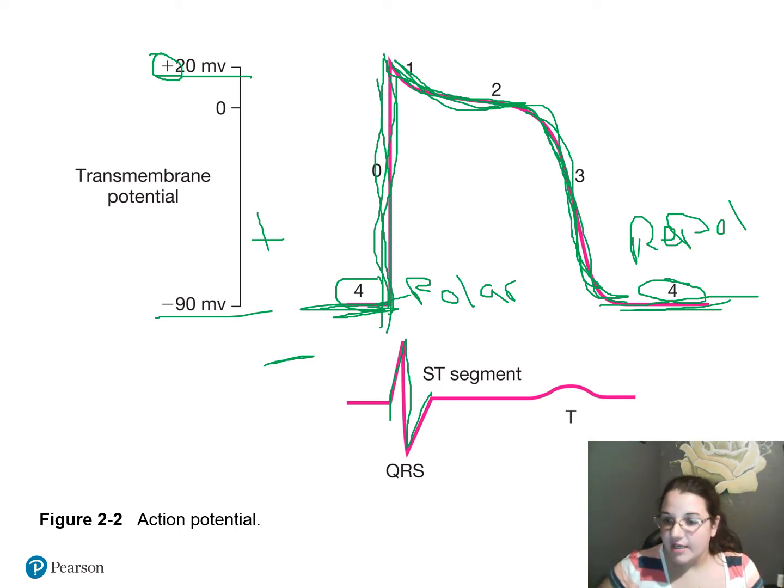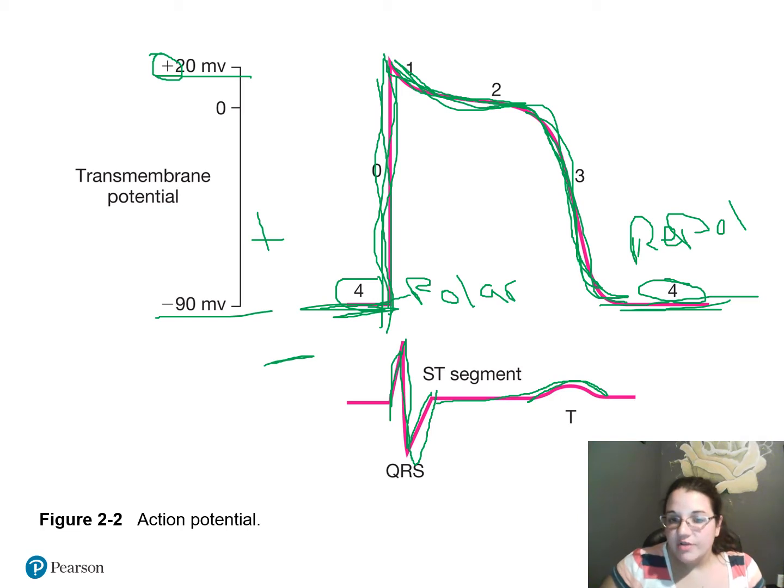This is what we're looking at when we look at your heart and the rhythm prints out. Your QRS is going to represent depolarization, and your ST segment and T wave are going to represent early and rapid repolarization. Again, depolarization is contraction, repolarization is relaxation.